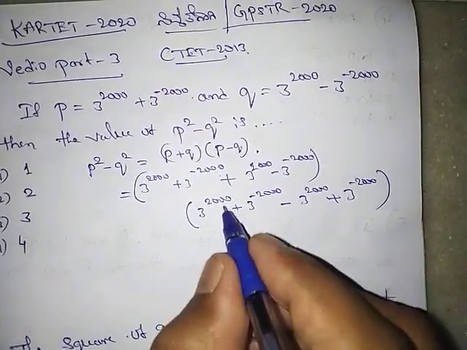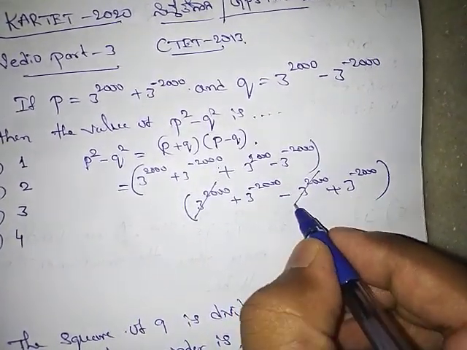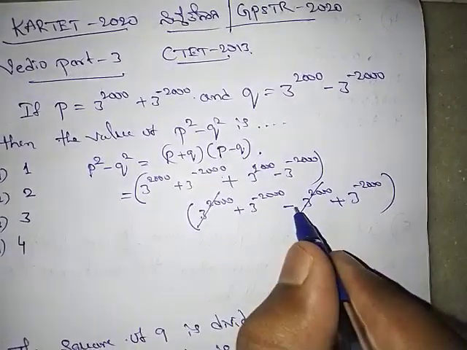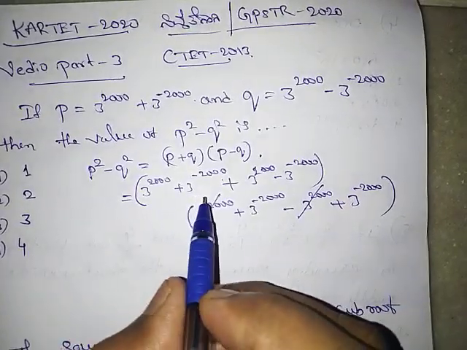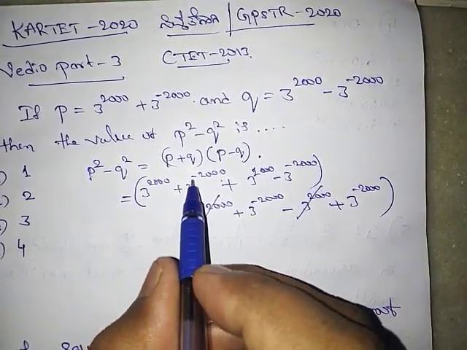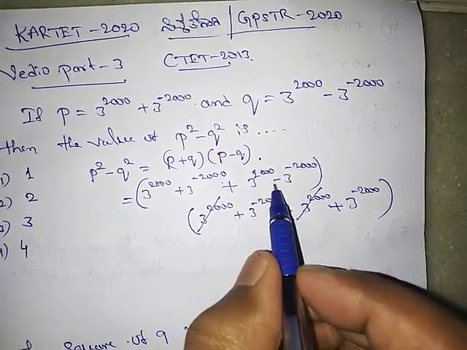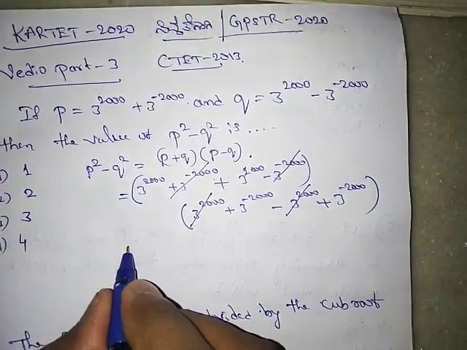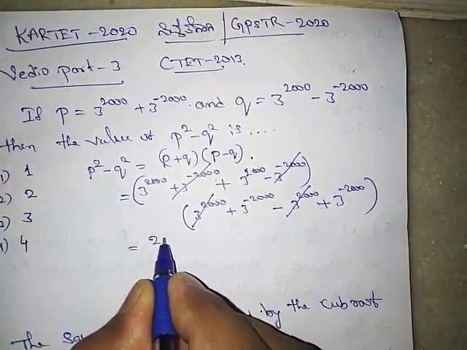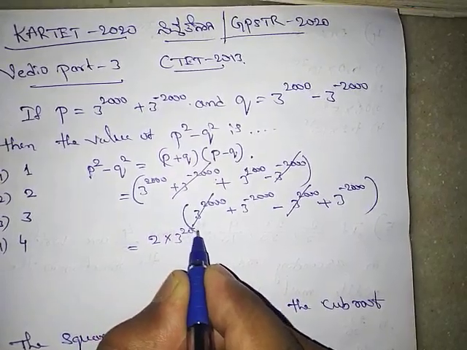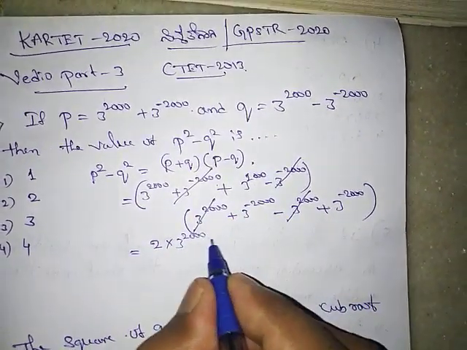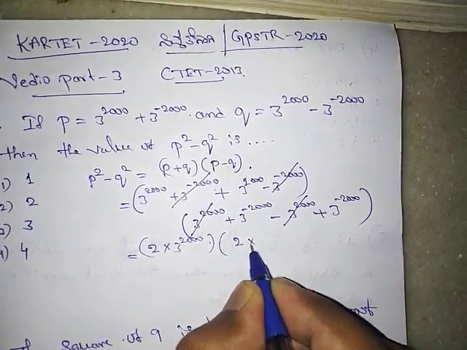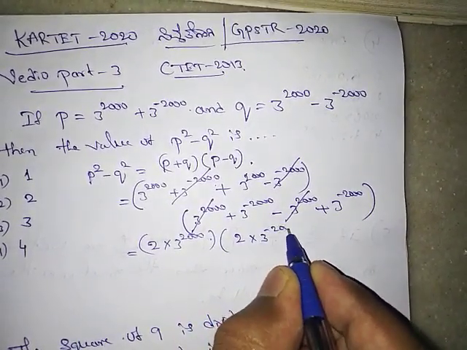So 3 to the power of 2000 with a plus sign and a minus sign gets cancelled. And another one, 3 to the power of minus 2000 with a plus sign and a minus 3 to the power of minus 2000, these two get cancelled. What are the remainings? 2 times 3 to the power of 2000, multiplied by 2 times 3 to the power of minus 2000.